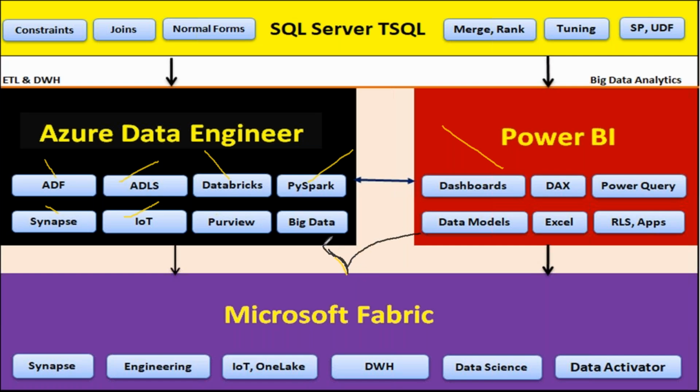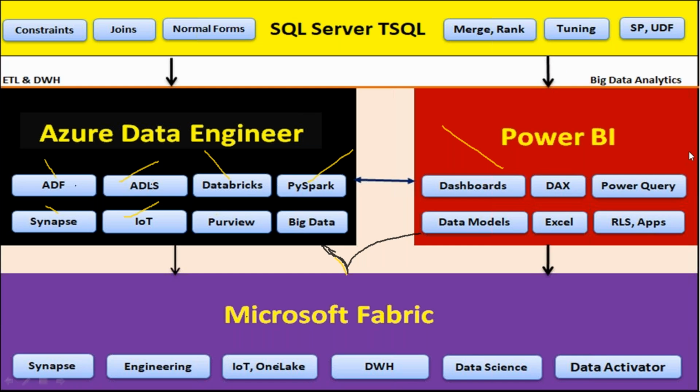A single license for Power BI as well as ETL and data warehouse, with a good number of add-ons at every level. For example, here we have Azure Data Factory, there we have Fabric Data Factory. Here we have Data Lake, there we have something called OneLake, and so on. So Fabric is a unified licensing component from Microsoft for ETL, warehousing, and analytic activities.